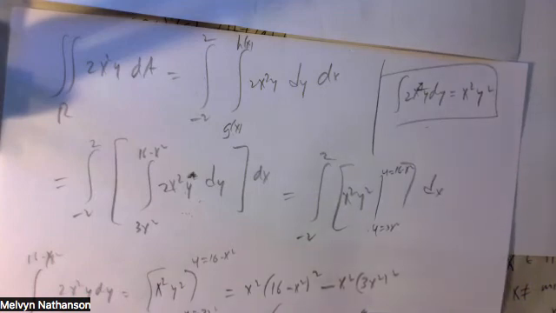So now we have to do a little bit of algebra. What is this? This is x squared. When we square this, 16 squared is 256 minus 32 x squared plus x to the 4th, minus 3 times 3 is 9. X squared squared is x to the 4th times x squared is x to the 6th.